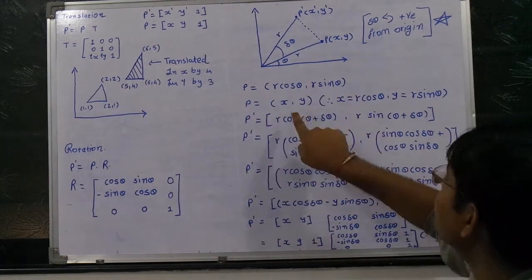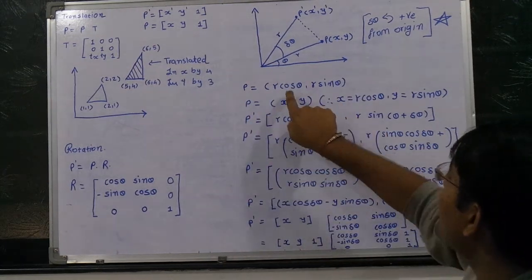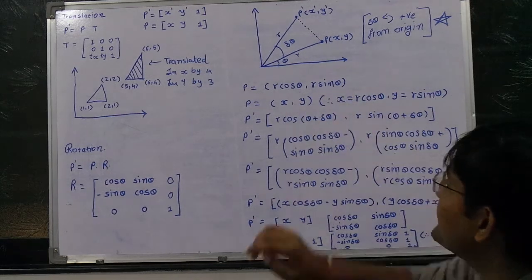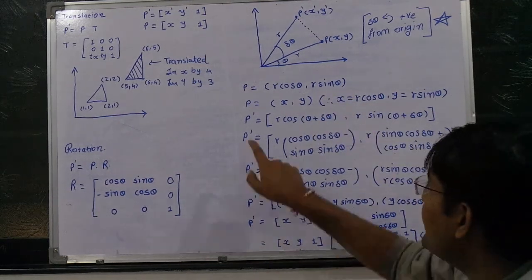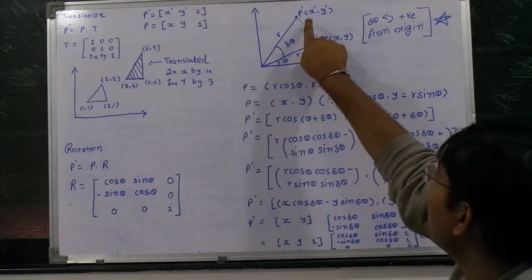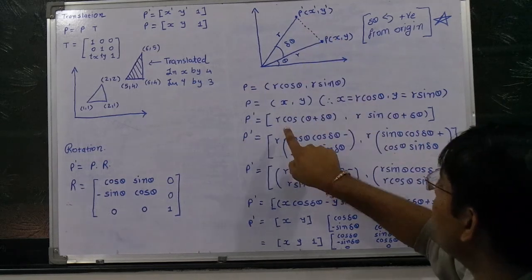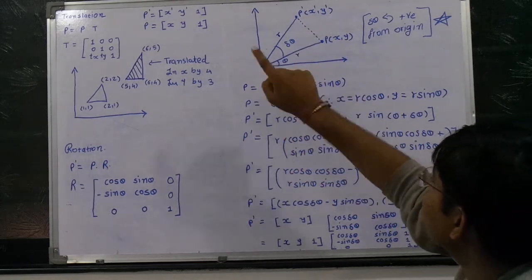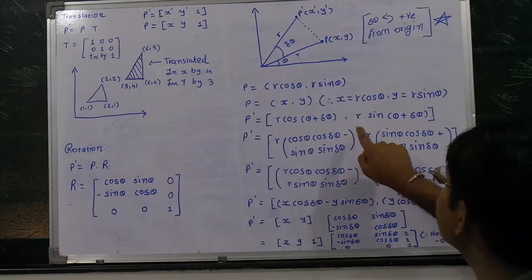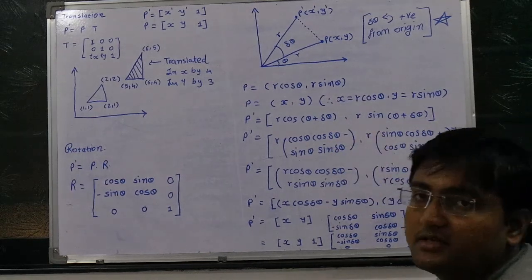So P is equal to xy, meaning x is equal to r cos theta and y is equal to r sin theta. So P dash, which needs to be obtained here, is x dash equal to r cos of theta plus delta theta, and y dash equal to r sin of theta plus delta theta.